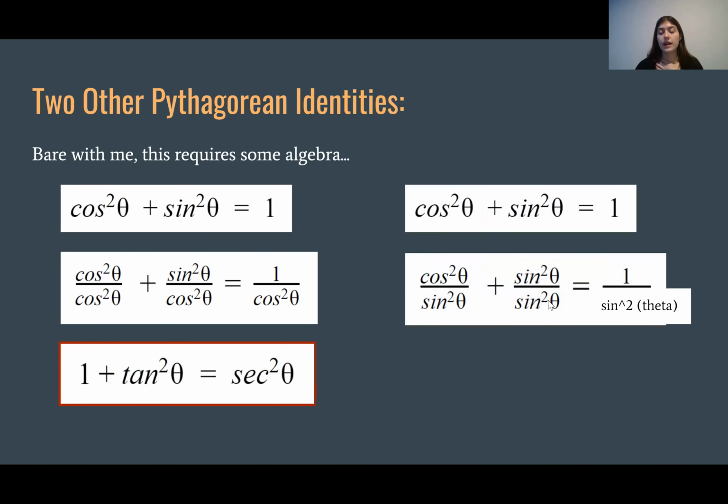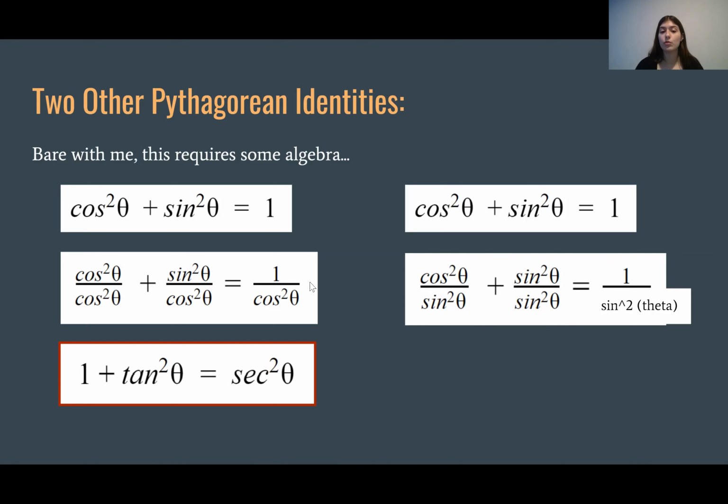Now when we divide by sine squared theta, we get cosine over sine, which we know is cotangent. It's not tangent, it's cotangent. And cosine squared over sine squared reduces down to cotangent squared. Then sine squared over sine squared is just equal to 1, just like x over x is equal to 1, or 2 over 2 is equal to 1. Sine squared theta over sine squared theta is equal to 1.